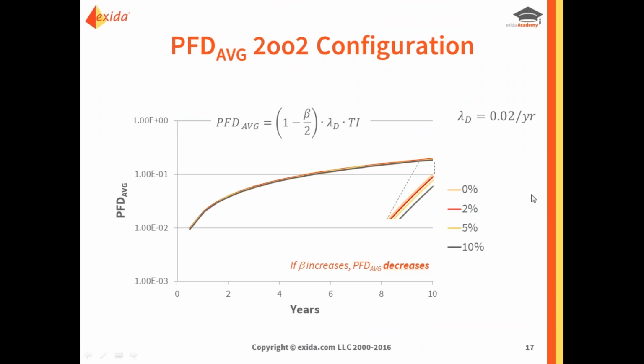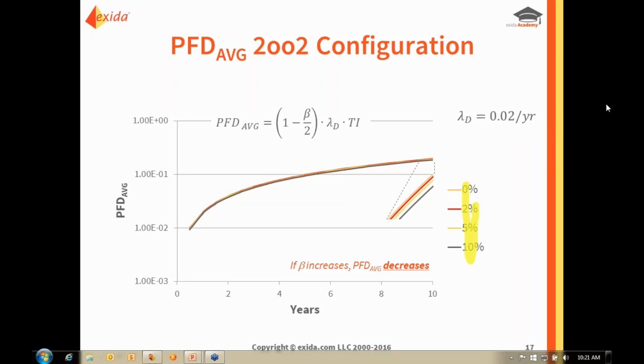All right, so if I plot that equation with the beta factors and the failure rate that I assumed here, not that big of an impact overall, but I zoomed in here on the right-hand side just so we could see it a little bit better. We can see that if beta increases, the average probability of failure on demand will decrease.